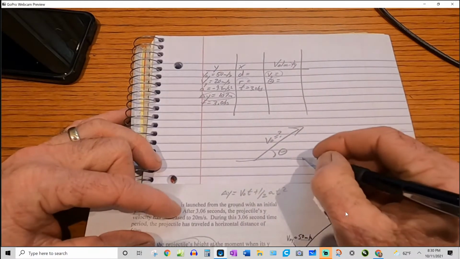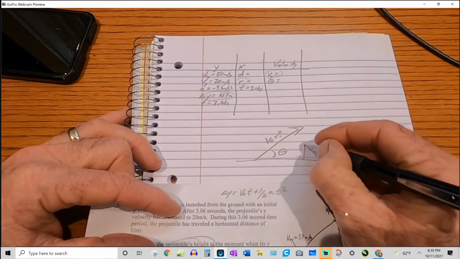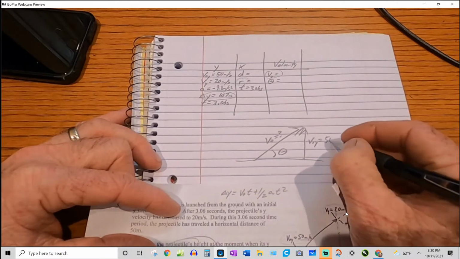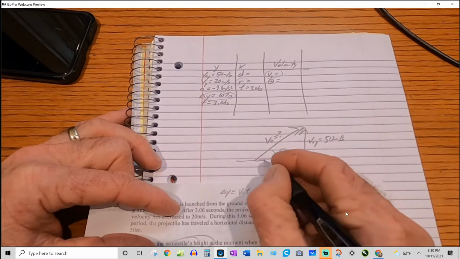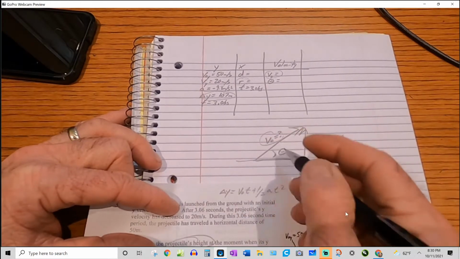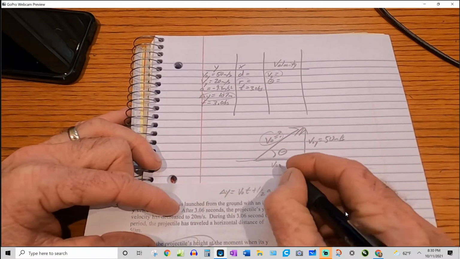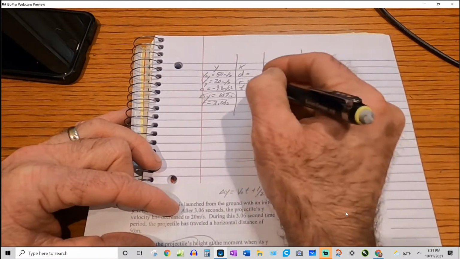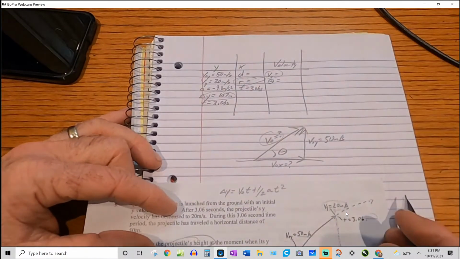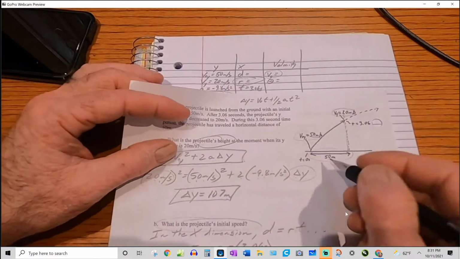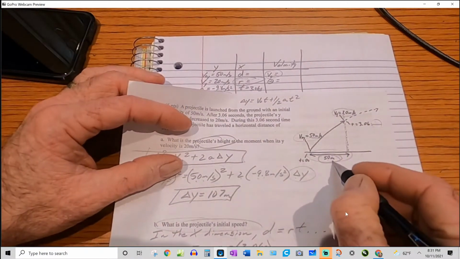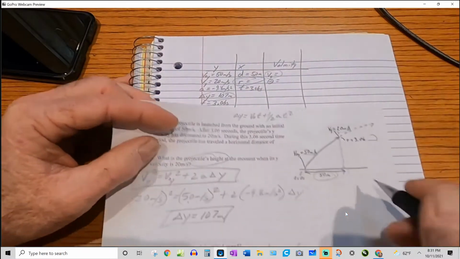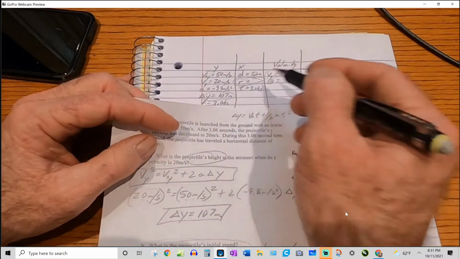And what I have right now is v0y, which is 50 meters per second, but in order to get that, I need this other component. So I need this rate. Ooh, I have something else. I forgot to write it down earlier. I have 50 meters. That's the distance it travels in the x dimension. So I can get this rate.